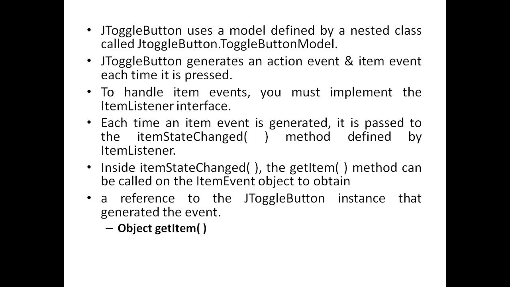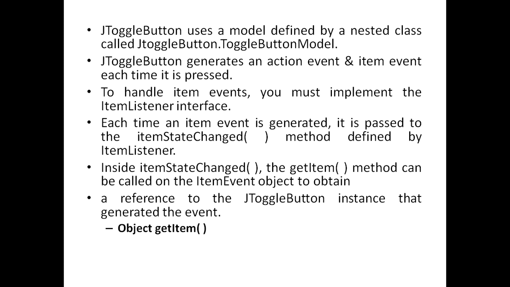To handle item events, you must implement the ItemListener interface, which consists of a method called itemStateChanged. And if you want to handle the action event, then you need to define the actionPerformed method defined by the ActionListener interface.